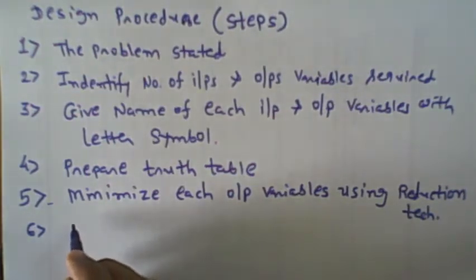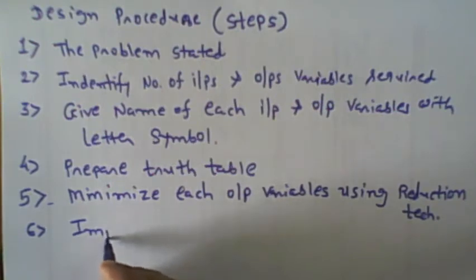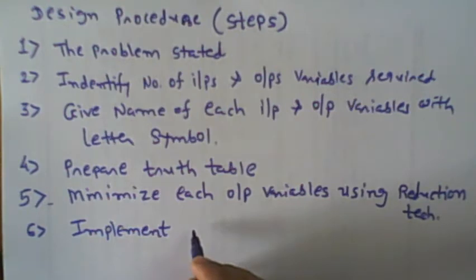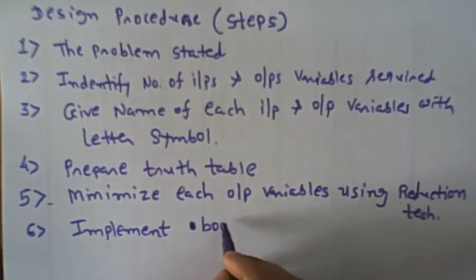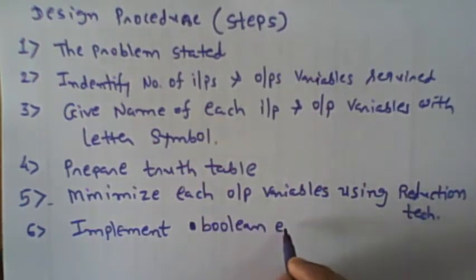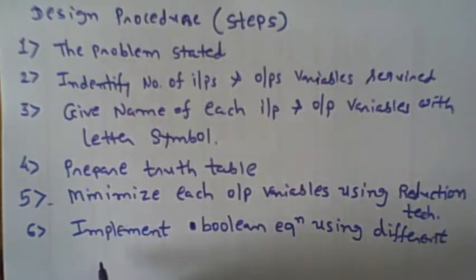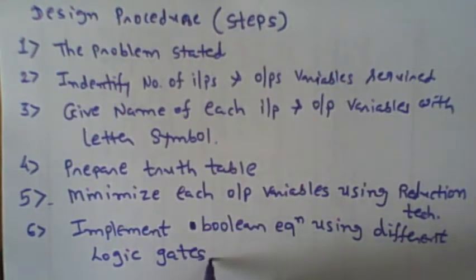The sixth step is to implement each minimized output Boolean function, the minimized Boolean equation, using different logic gates.